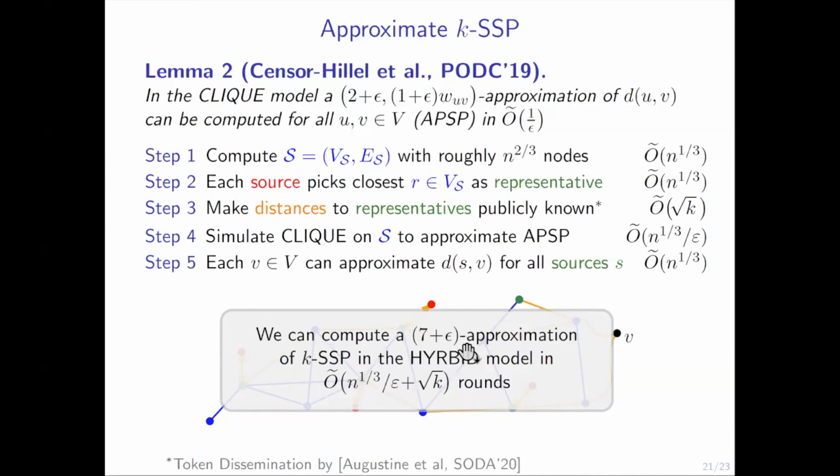And the main contribution of this error is from the distances from representatives to sources. And then we get this overall running time, and this is O of square root of k for k bigger than n to the 1/3. So it's almost tight up to polylog factors, stemming from the fact that solving k SSSP takes at least omega of square root of k rounds.